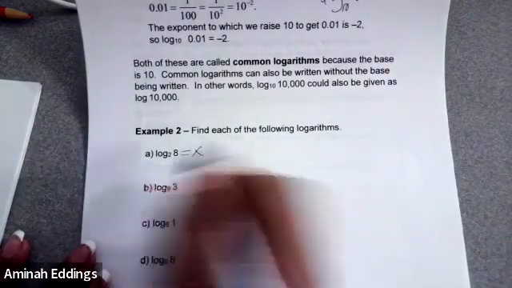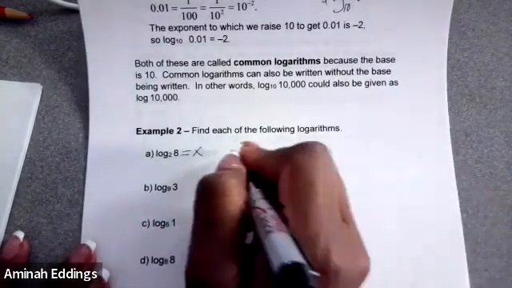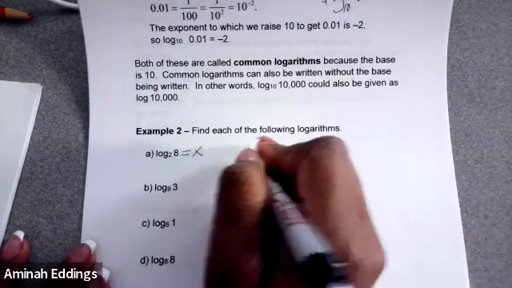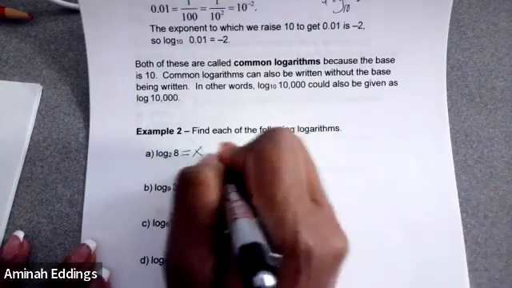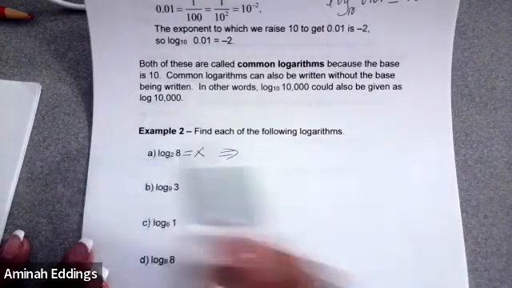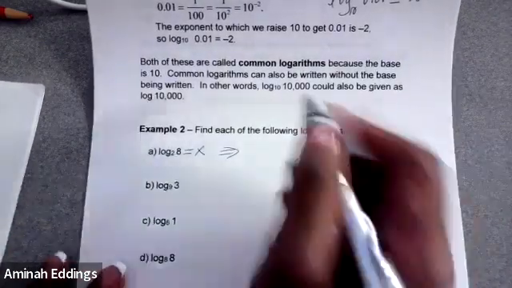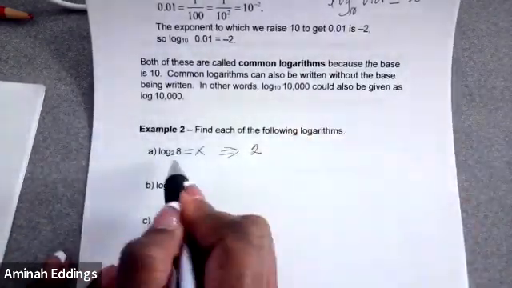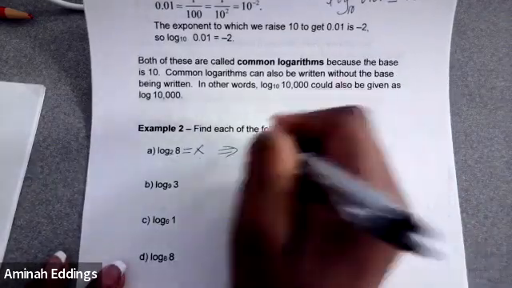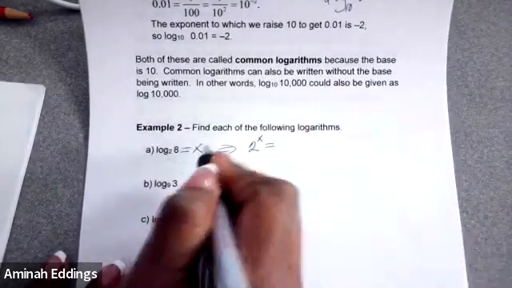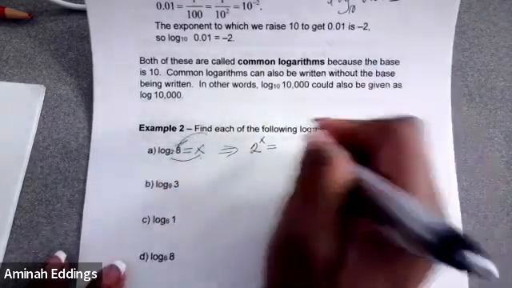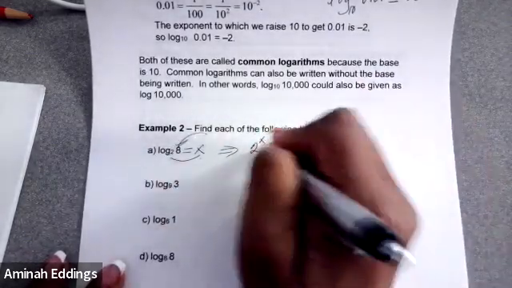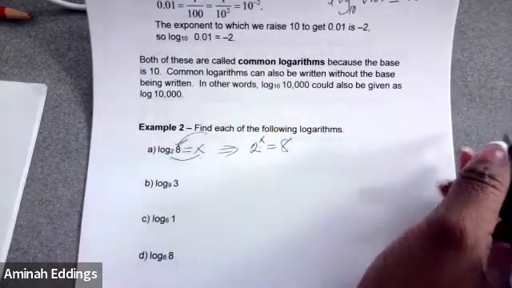What does exponential form begin with? What's my base here? 2, good. So 2 to the x power equals 8, good.